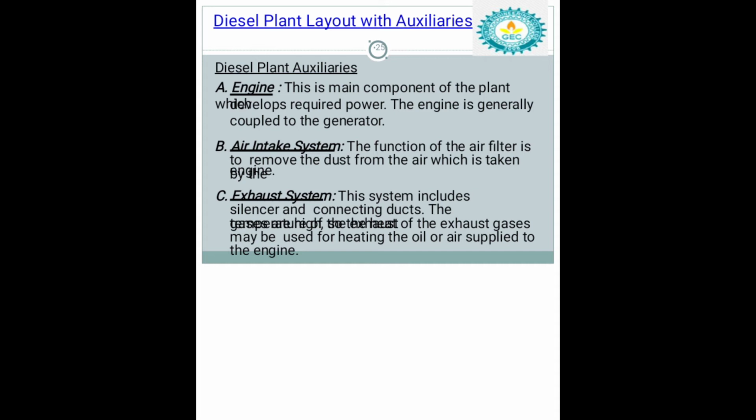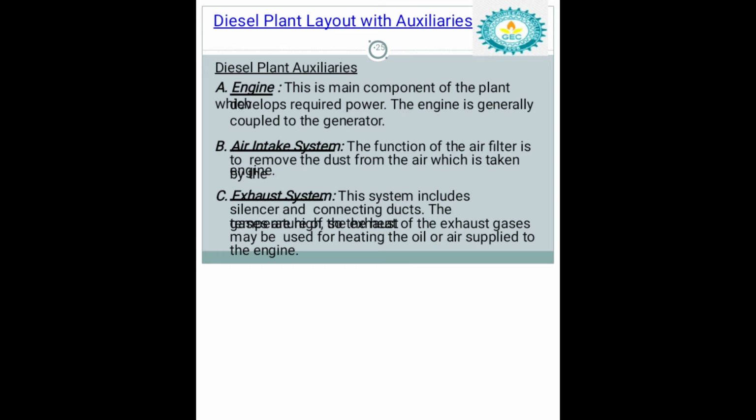In the suction stroke, the inlet valve is open, and the air is admitted into the cylinder. In the compression stroke, at the end of the compression, the fuel injector will be operated. The fuel injector sprays the fuel and both fuel and air mix inside the combustion chamber and it ignites because of the self-ignition property of diesel.